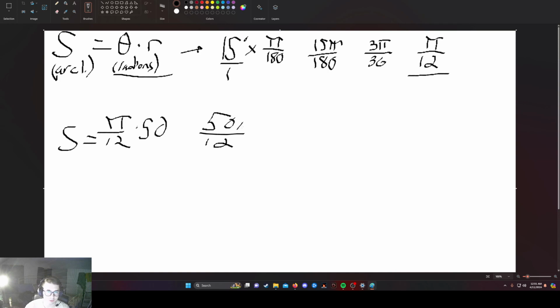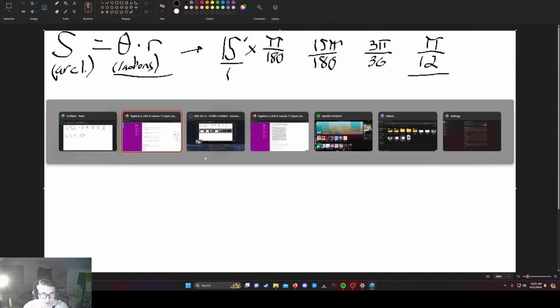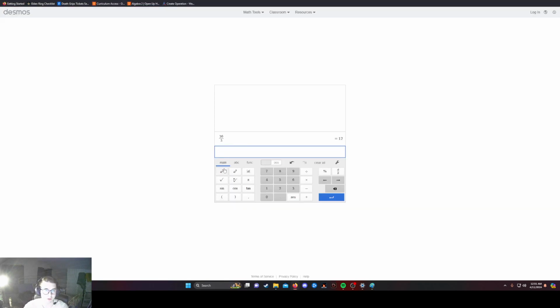We would go into our calculator and do 50 pi divided by 12. We will just round that to a nice convenient 13. You get 13.01, but you get the picture.